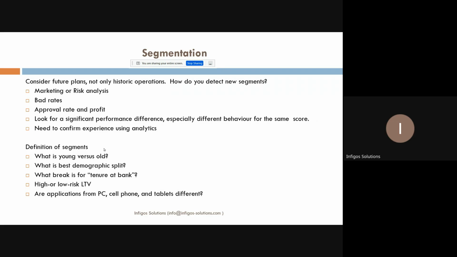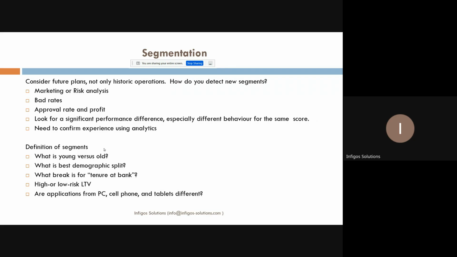When you make segments, you don't only think about historical records, you think about the future. Once you detect the segment, whether this data will be available in future, whether this bad rate is a real indicator of a segment or not.